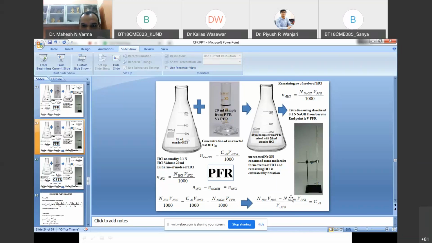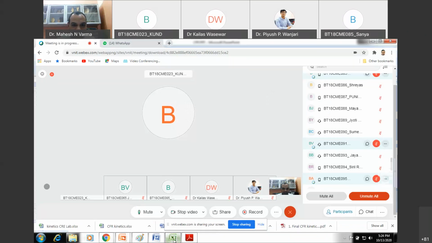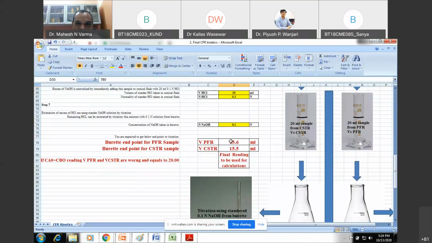The standard NaOH normality, 0.1, sir. What is VPFR? The burette reading, sir. From where do you get this burette reading? Sir, in virtual, how can we get the burette reading? This is what this Excel file is given to you for. This will give you VPFR.